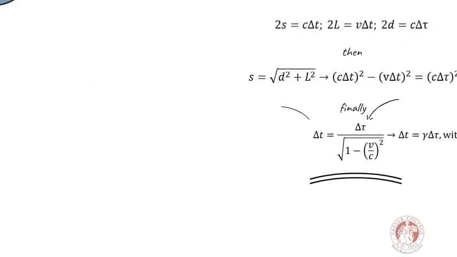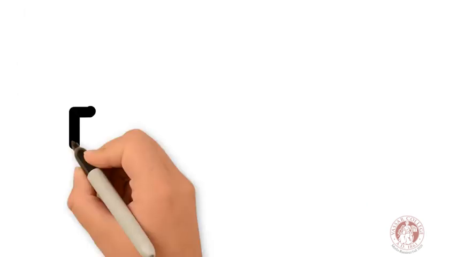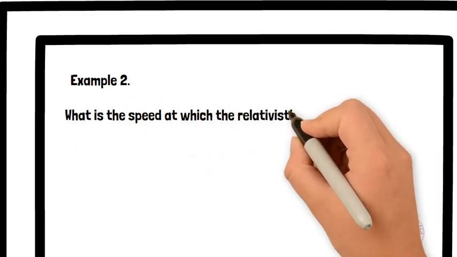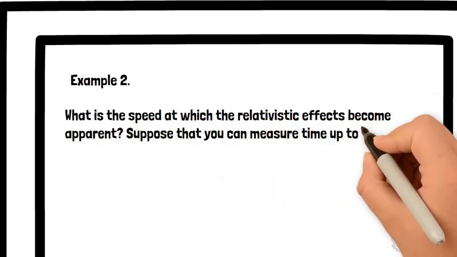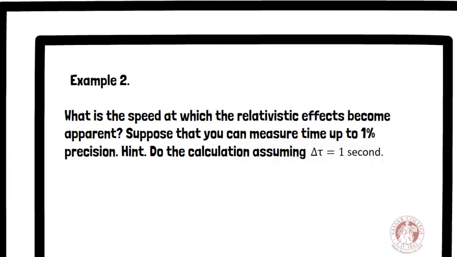Let's solve an example to see the application of this equation. Example 2. What is the speed at which the relativistic effects become apparent? Suppose that you can measure time up to 1% precision. Hint: do the calculation assuming that delta tau is 1 second.